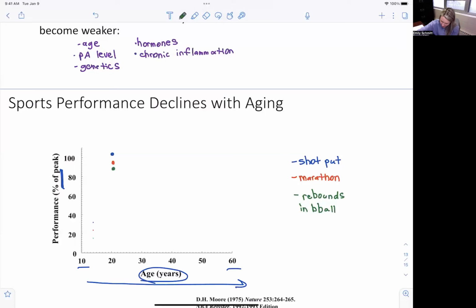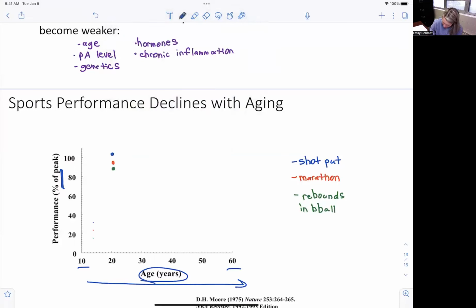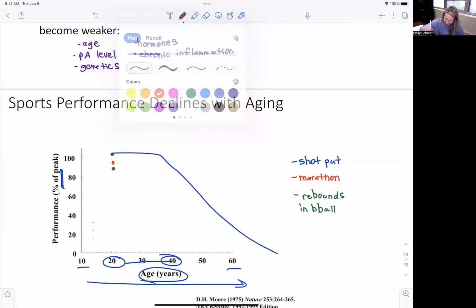So your shot put, you're actually going to be pretty stable from your peak performance until about 40, when you're really going to drop off pretty drastically. So 20 to 40 are kind of your peak years for the shot put. So for the marathon, oh, this one's really kind of cool.